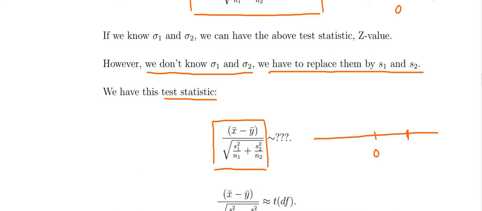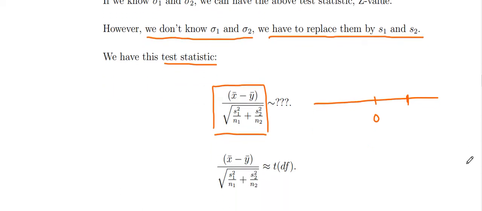Which table should we use, Z table or T table or another table? We need to know which distribution this follows.